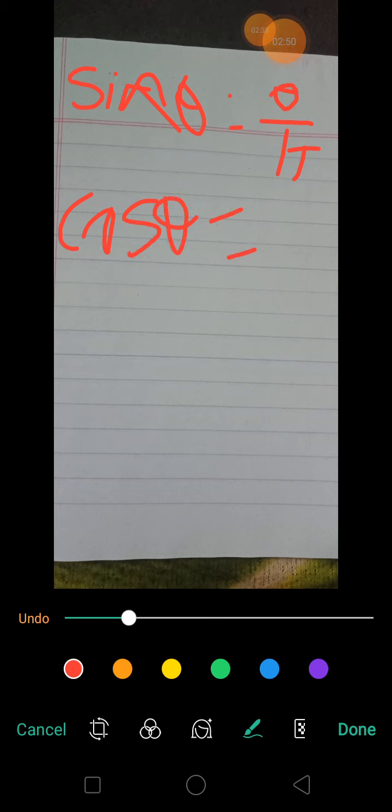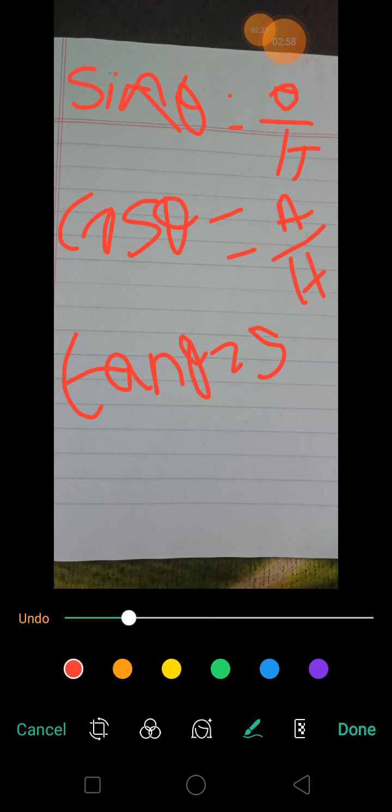Cos theta is equal to what? Adjacent by hypotenuse. So tan theta is sin theta by cos theta. If you divide these two, hypotenuse gets cancelled. What do you get? Opposite divided by adjacent. That's the tan theta value.